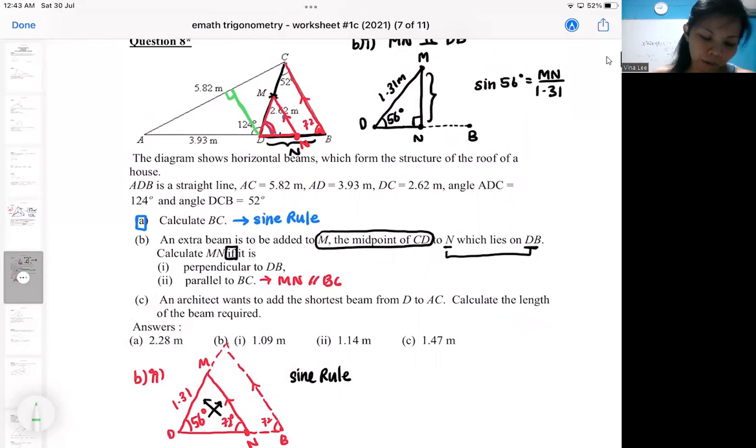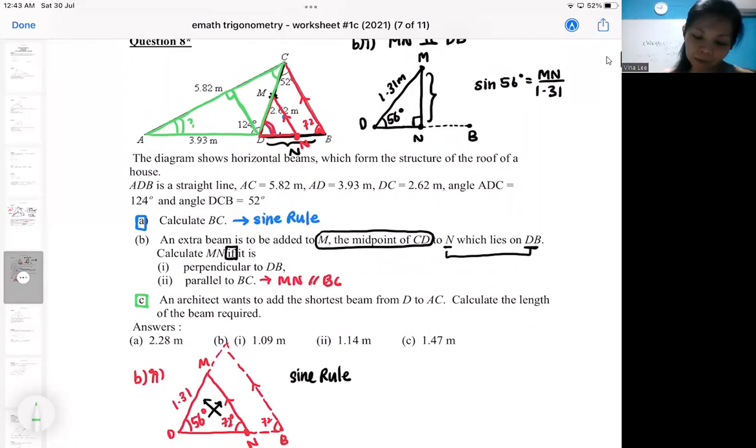So to find the shortest distance, usually there will be two methods. One of the methods is you look for angles. Let's say, do you have this or do you have this? Because if you have either one, you can do a normal trigo just to find the shortest distance.